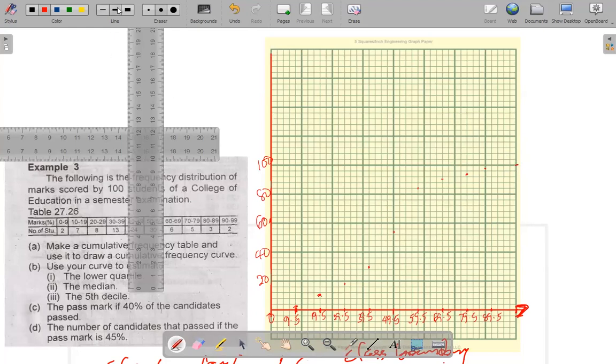Now we'll join these points with a smooth curve, starting from the origin. And there we have the ogive drawing. So now answer the questions that follow.